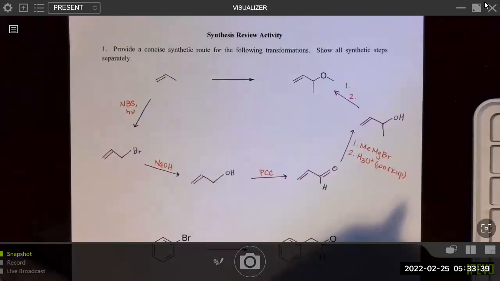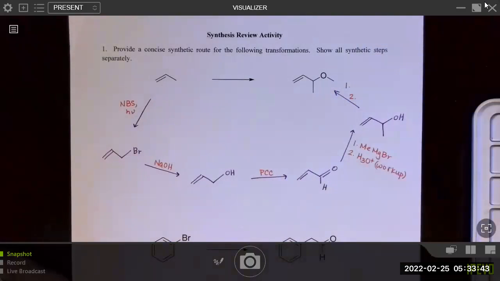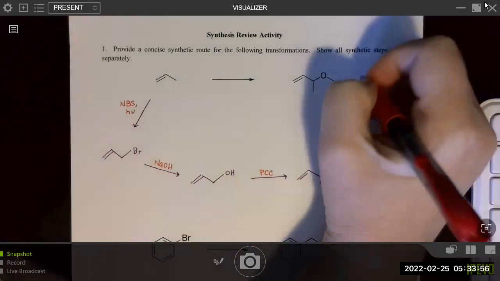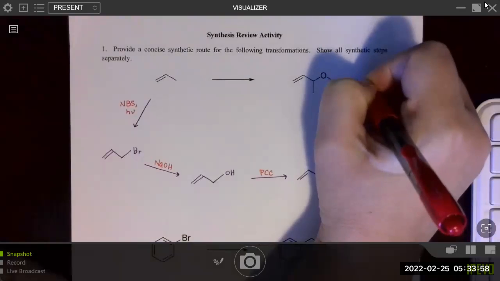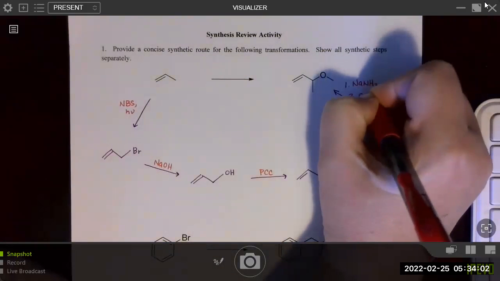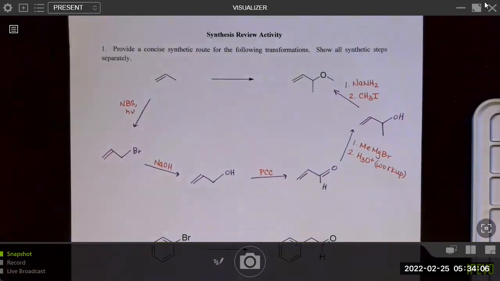We could use sodium hydroxide, but we could also use a stronger base in order to fully deprotonate the alcohol. For example, we could use NaNH2 followed by methyl iodide. And again, that's a Williamson ether synthesis.